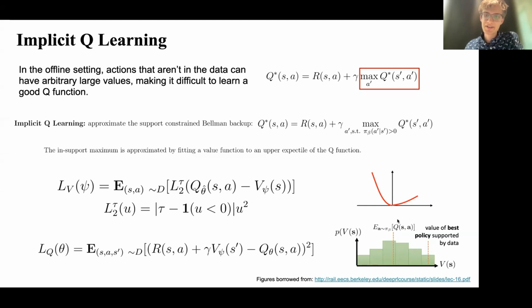If you followed the average data set policy, you'd get a policy with this value. Whereas if you find the policy that corresponds to the upper expectile of the data set, you'll get something more on the right side. It's still in distribution, but it's taking the good stuff that's in distribution, so the good tail.